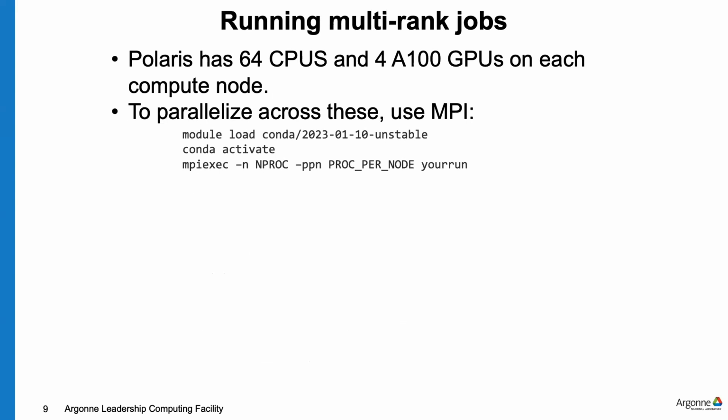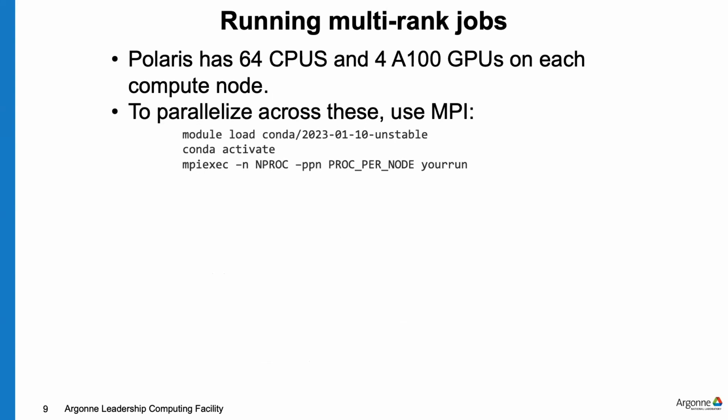Okay, now that we've discussed this, if you want to make use of the multiple resources on the machine, one way of doing this is to run a multi-rank job. This is basically in order to parallelize your job across different ranks on the machine. You can run this across 64 CPUs and 4 A100 GPUs on each of the compute nodes.